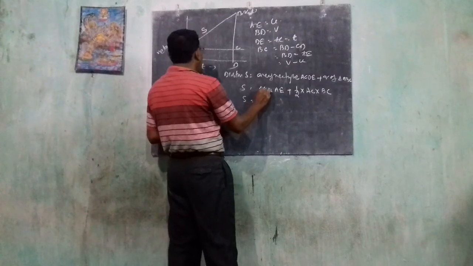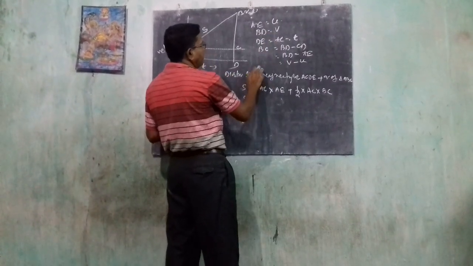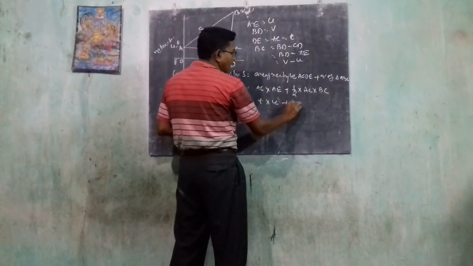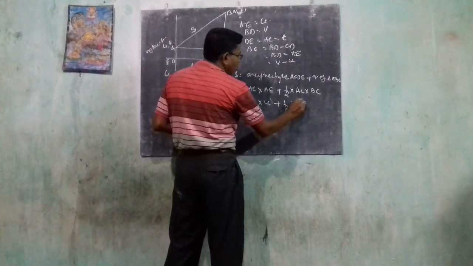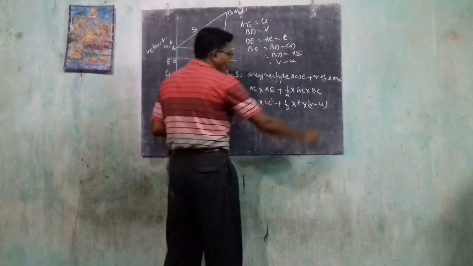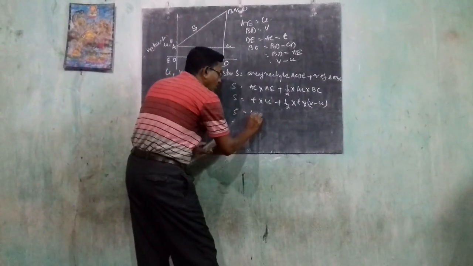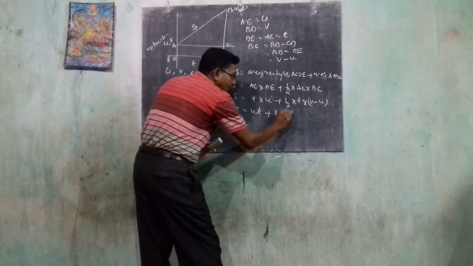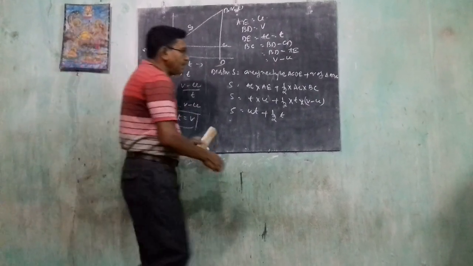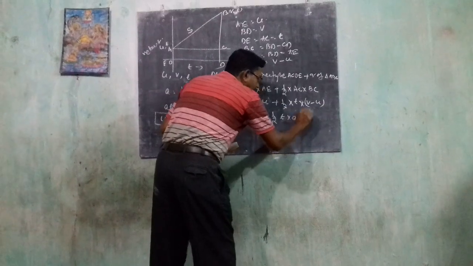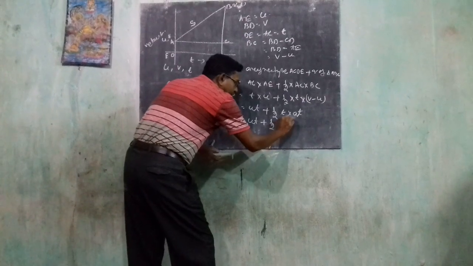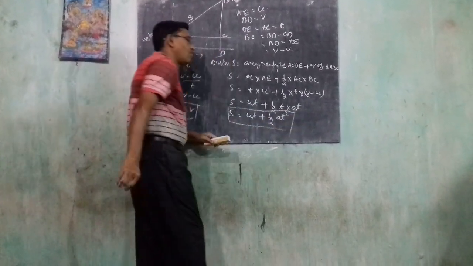So AC equals t, and AE is u, giving t into u, plus half into AC equals t into BC equals v minus u. This means S equals ut plus half into t into (v minus u). From the first equation, v minus u equals at. In place of v minus u I can write at. So S equals ut plus half at square. It is the second equation of motion.